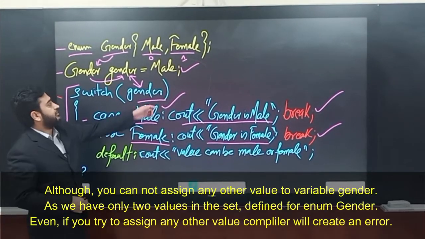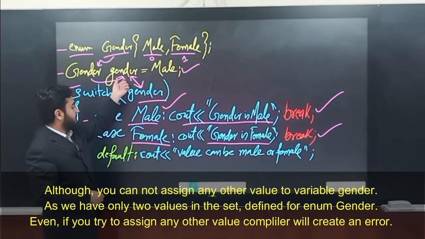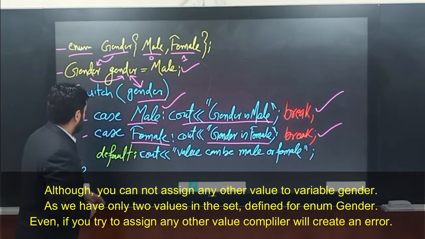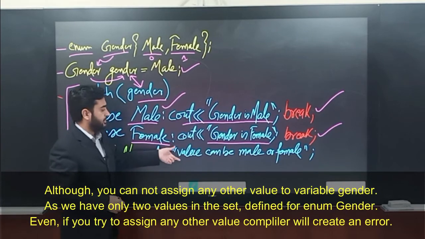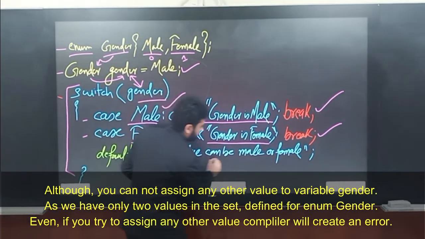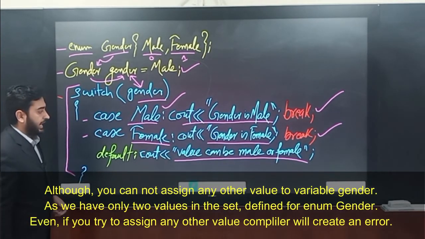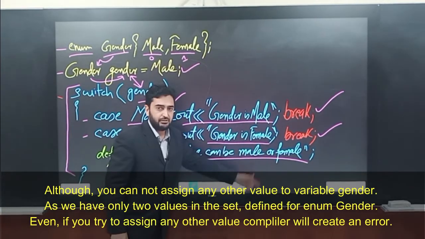But if you have assigned any other value to the gender, then the default statement will be executed, and it will print that the value can be male or female only.